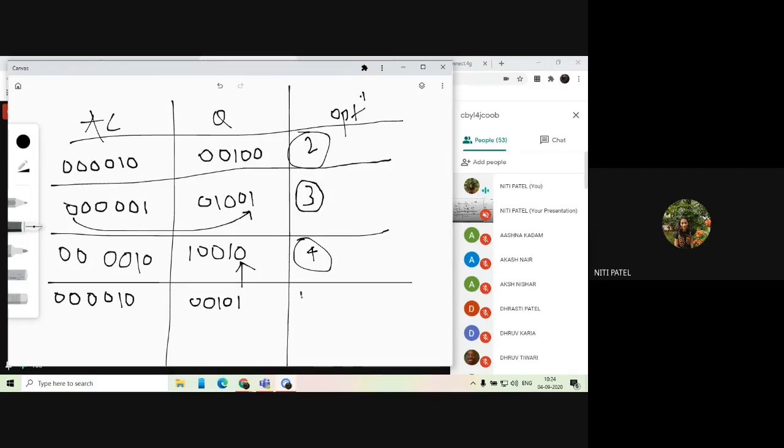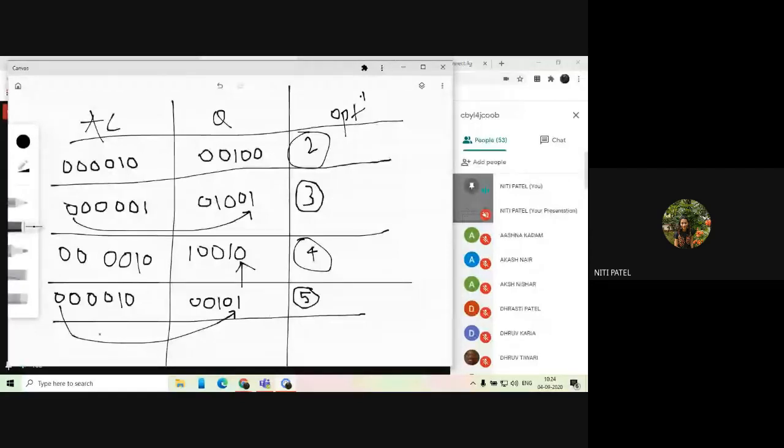Tell me whether we have restored here or we haven't restored. We have not restored because the content of AC is 0. So we have directly changed the value of Q0 as 1. Whenever we change from 0 to 1, we do not restore the values of AC and Q.